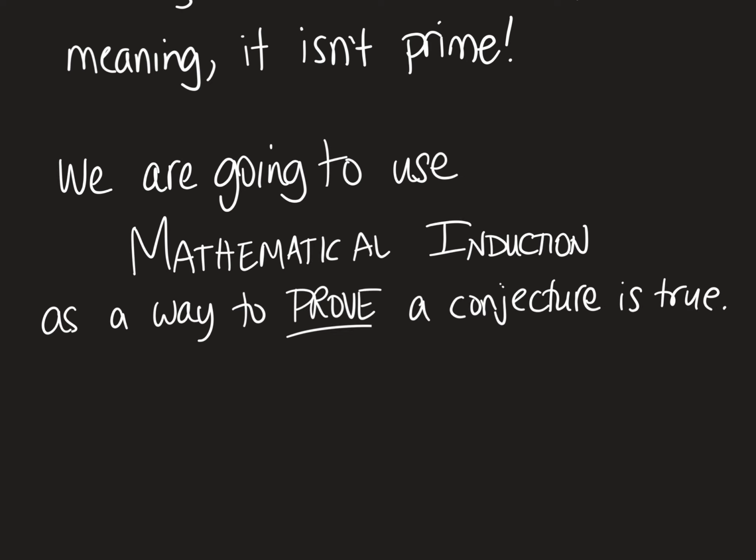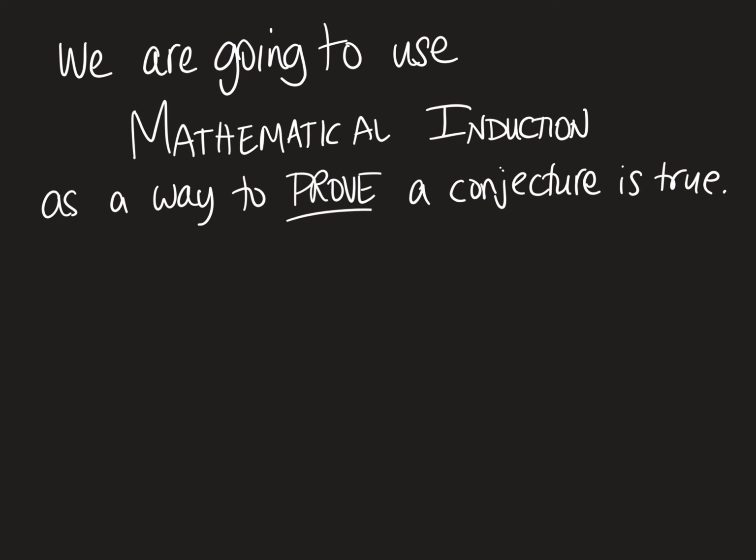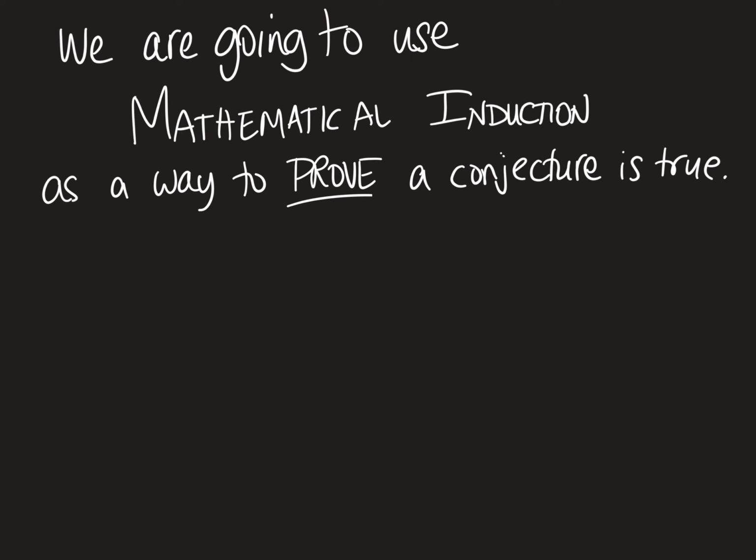So no longer are we just going to say, well, it looks like it, good enough for me. We're going to actually use this type of proof that's pretty common with sequences and partial sums. So what does that look like?